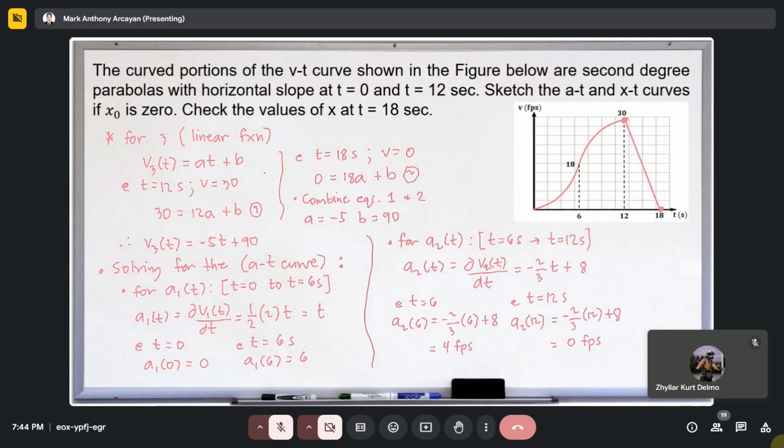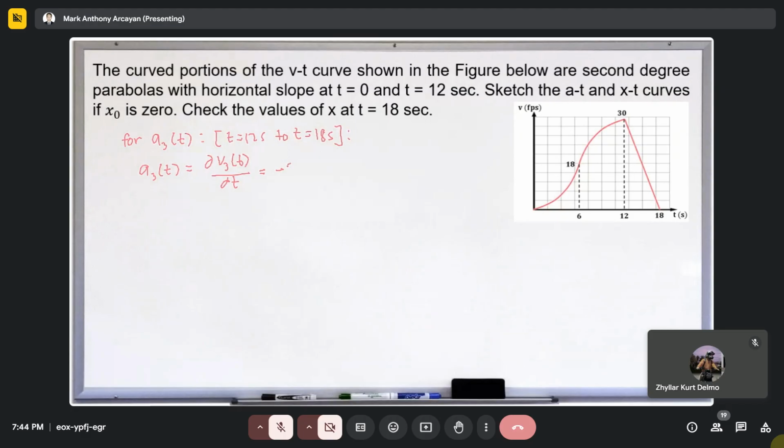Our third velocity function is equal to negative 5t plus 90. Taking its first derivative, we will end up with negative 5, which is constant. Therefore, we don't need to evaluate this function at t is equals to 12 and at t is equals 18 because we have a constant value. Meaning to say, in this time interval, the acceleration stays at negative 5 and it does not change. That is how you interpret it.